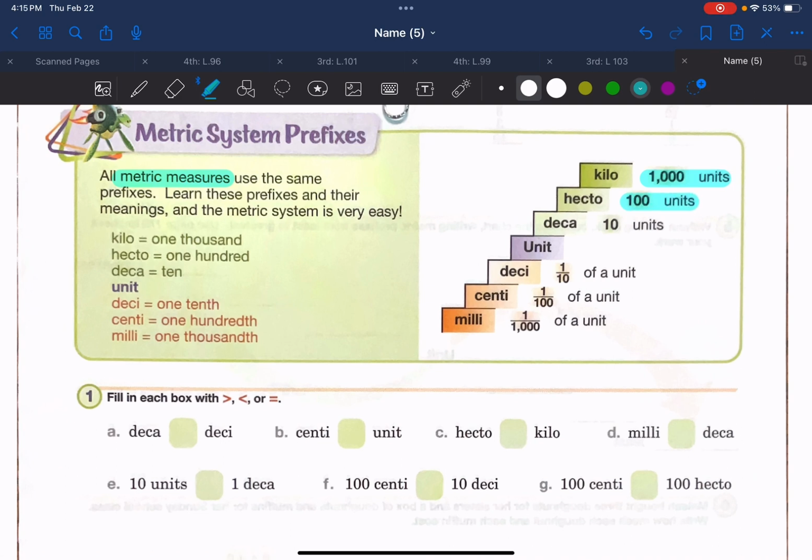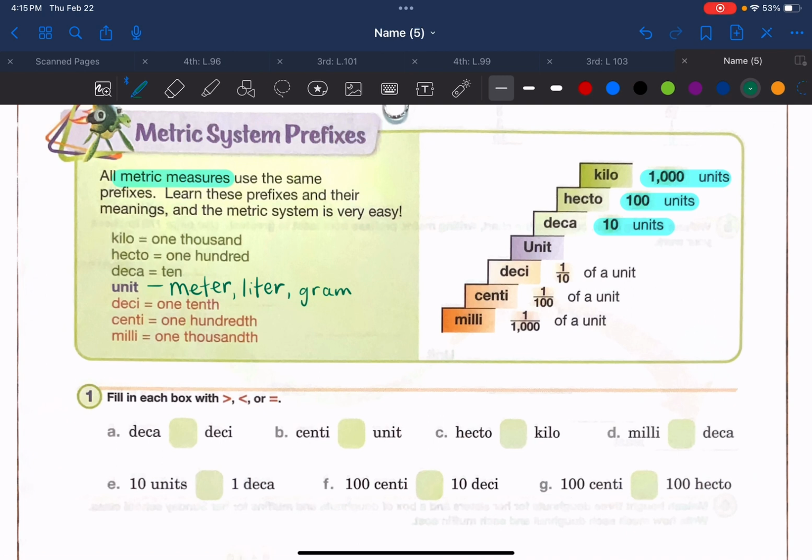A deca means 10 units. Now we get to the unit. When it gets to unit, that means like a unit could be a meter. It could be a liter, gram, etc. So those are the units.